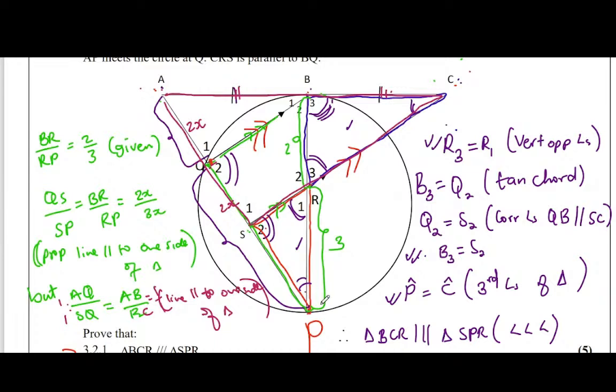So how many x's are we going to have for QP? From our first part, we said RP is the same as SP, from here up to here. So which means this is a 3x as well. Okay, so it's 2:5.